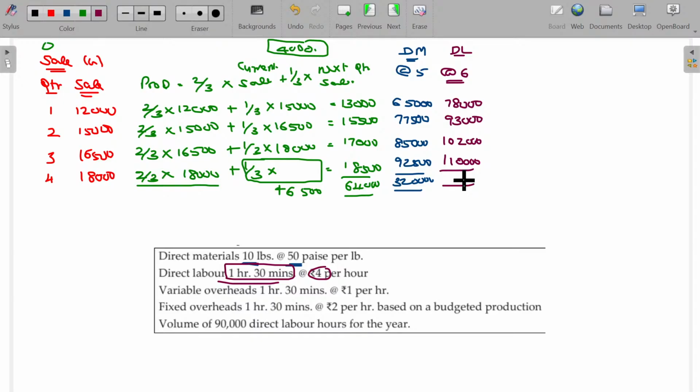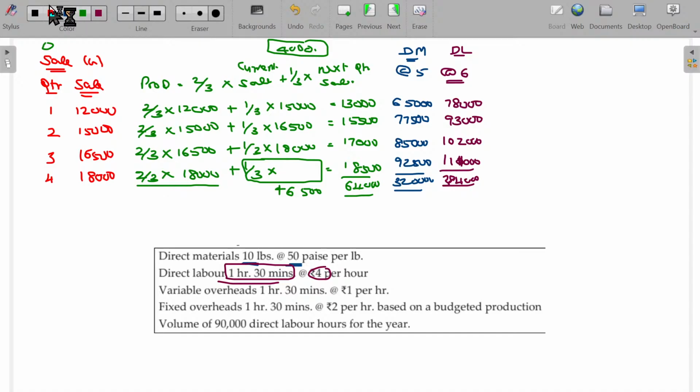Get me the total here. 3,84,000. This is 93,000, 1 lakh 2,000, 1 lakh 11,000. Okay. Now we'll get on.